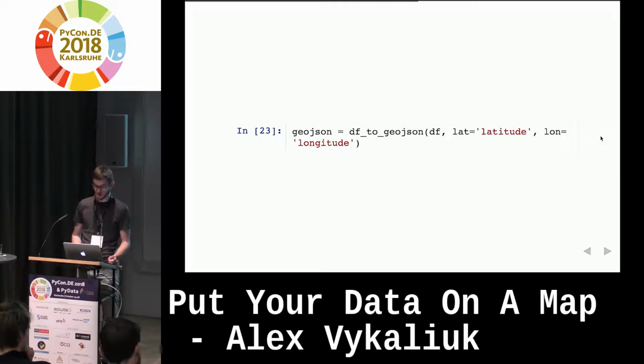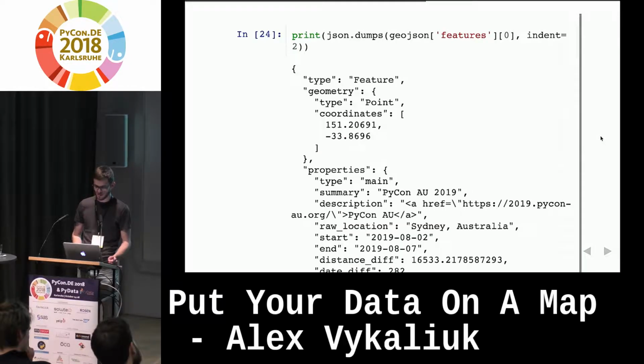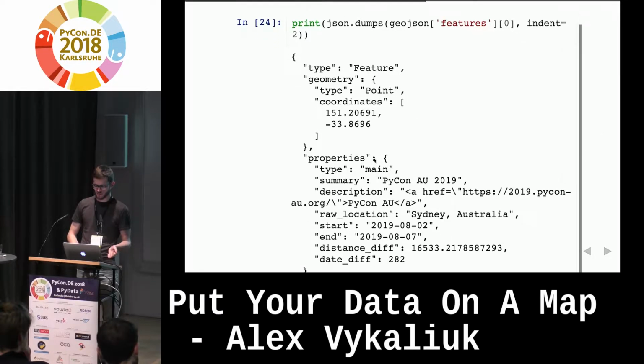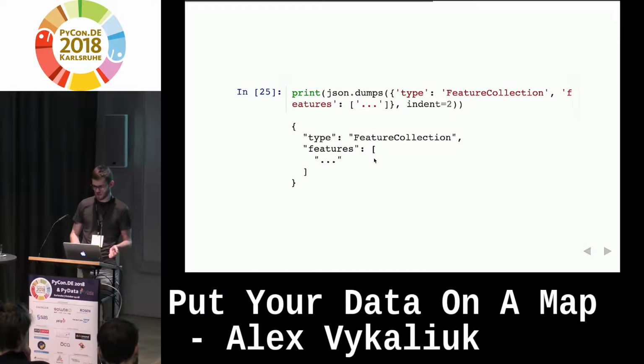Now we will have our GeoJSON, and here's how it looks. You have two most important types of GeoJSON documents: a feature and a feature collection. A feature is basically some geometry and properties mapped to it. And a feature collection is an array of features.